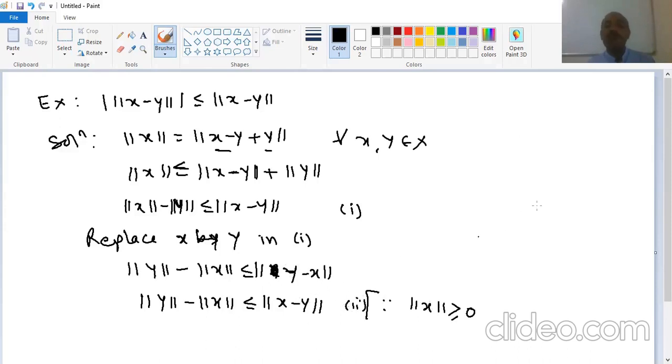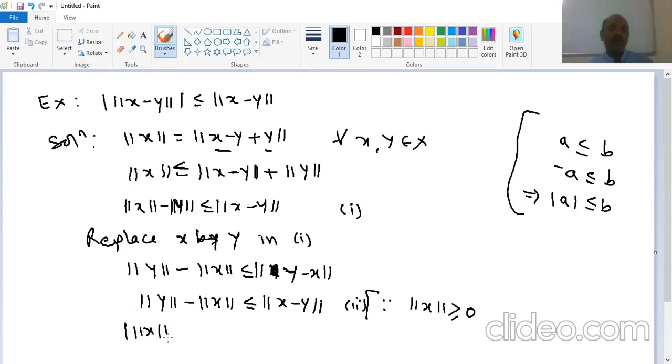From 1 and 2, as we know, if a is less than or equal to b and minus a is also less than or equal to b, then obviously mod of a is less than or equal to b. So from 1 and 2, we can write mod of norm x minus norm y is less than or equal to norm of x minus y.